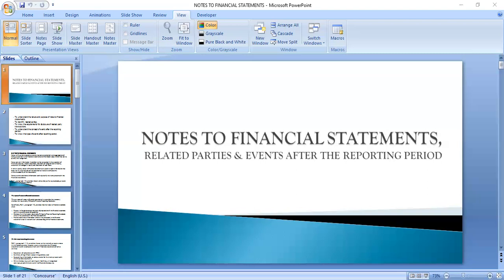Here, requiring disclosure of related party transactions and outstanding balances in the separate financial statements of a parent, subsidiary, associate, or venturer. That's in accordance with paragraph 3 of PES 24.